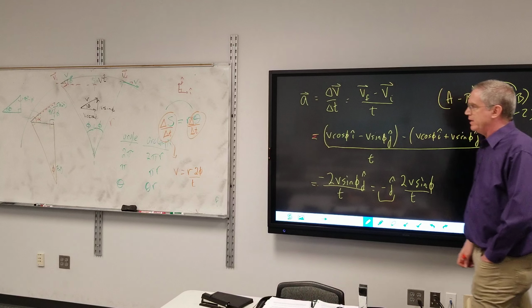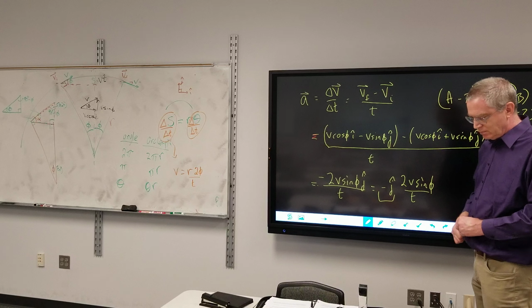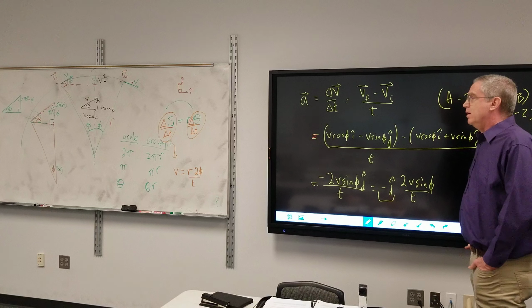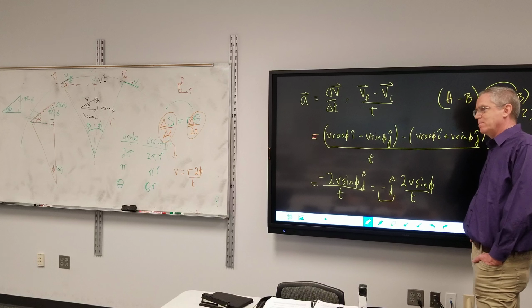I was about to get into angular speed, but that's later. So the velocity is constant, right? Speed is constant. If the velocity were constant, acceleration would be 0.